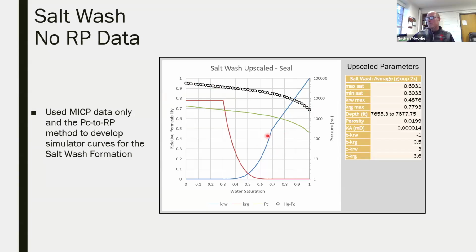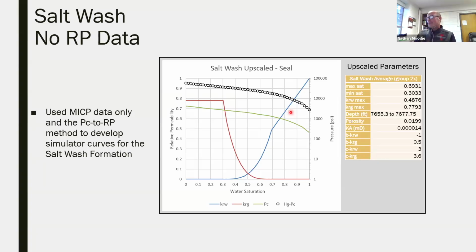And so here, the method is going to predict a very tight relative permeability curve with lots of residual, both non-wetting and wetting phase, which is probably what you're going to see within a seal rock, if you're able to even get two phases into that seal rock pore network. This isn't the fracture network that you may have in the seal rock. This would be in the pore network, just as a caveat.